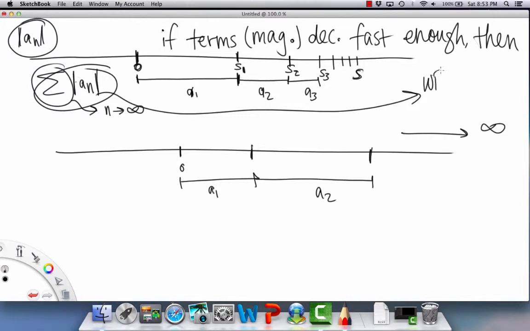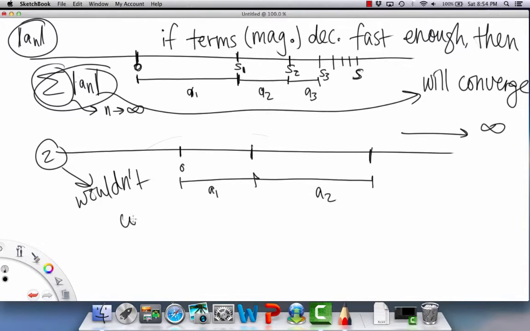Whereas this example down here would not converge. There's no real notation for this; I was just showing an example. So this probably wouldn't converge.